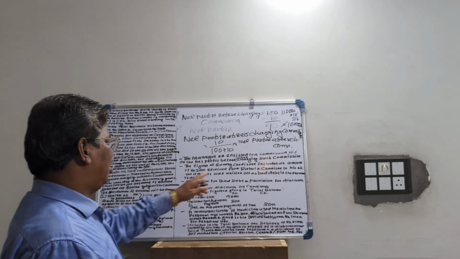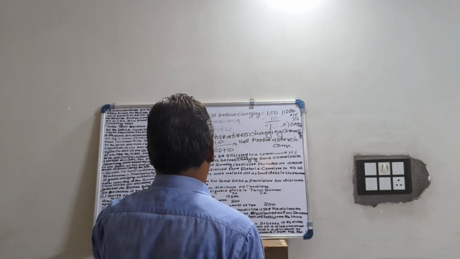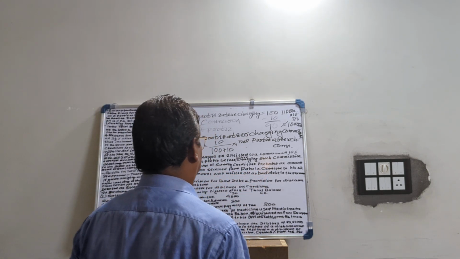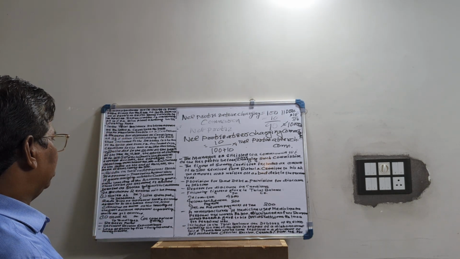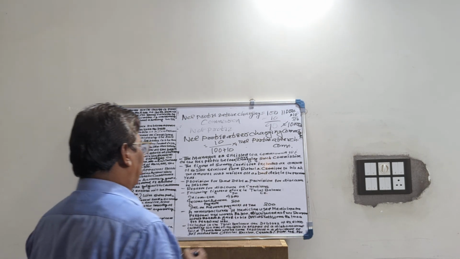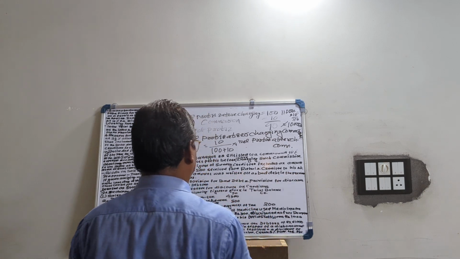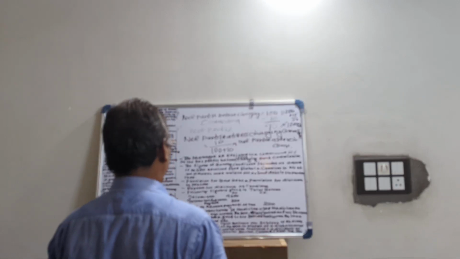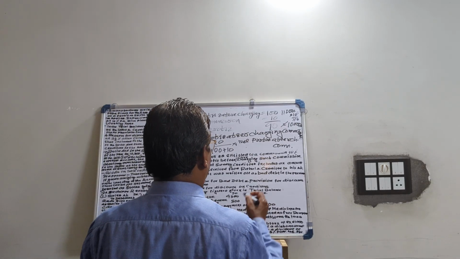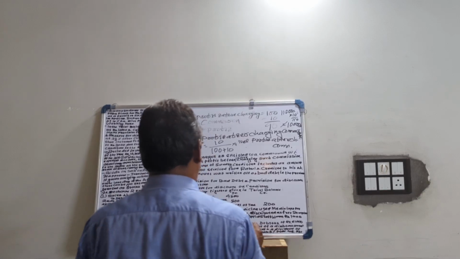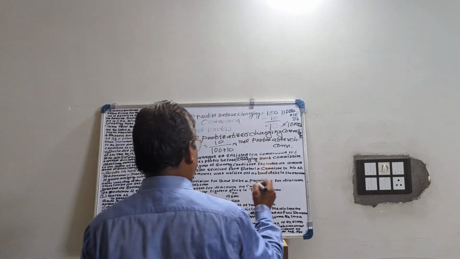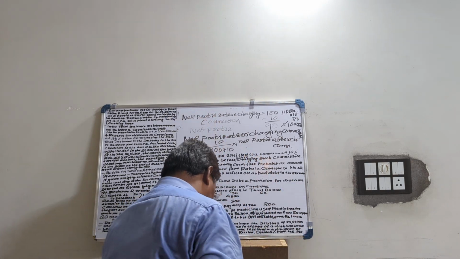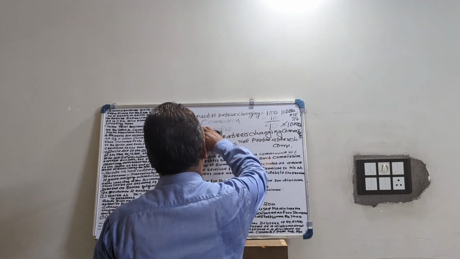Then the figure of sundry creditors includes an amount of 2,000 received from Rahul and credited to his account. The amount was written off as bad debt in the previous year. So from sundry creditors, we deduct 2,000 on the liability side.